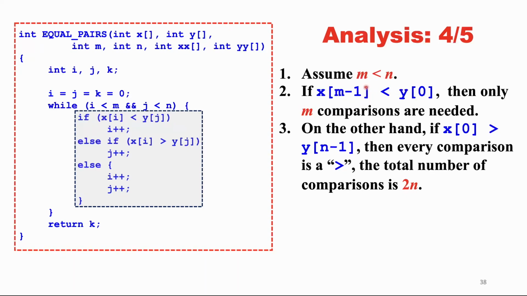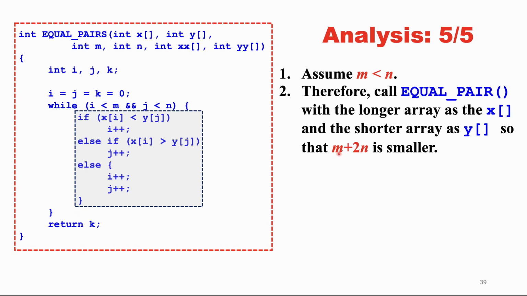If the largest element in x, the last one, is less than the first in y, then all comparisons would be increasing i. So i goes from 0, 1, 2, 3, 4 up to m minus 1. In this way, we need m comparisons. On the other hand, if the smallest element in x is larger than the largest element in y, then every comparison is a larger one. So in this way, we need 2n comparisons.